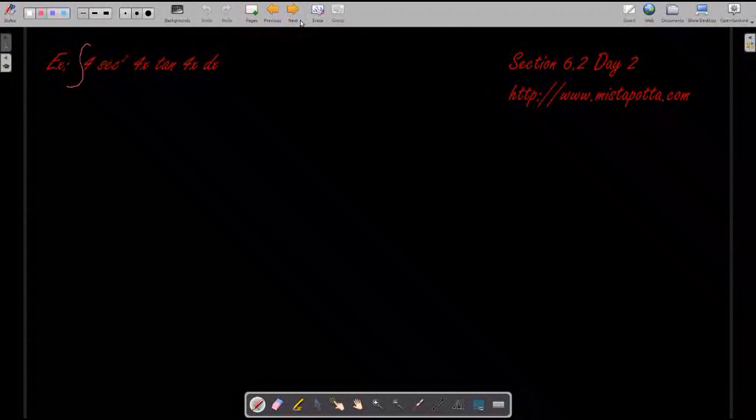So the first one I'm going to do is this integral of 4 secant squared 4x tan 4x dx. And so my first instinct is, because we were talking about composition of functions in yesterday's lesson, I noticed that I've got a composition of functions here.